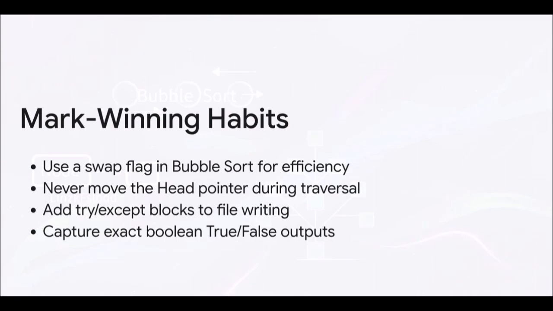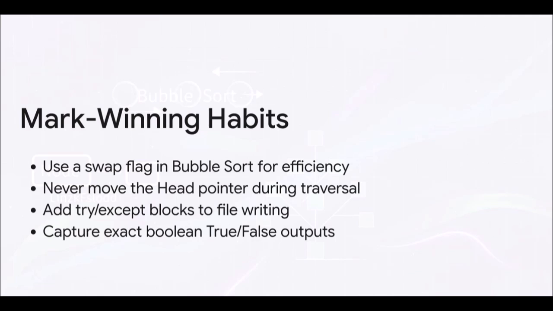All right, let's hit some rapid-fire mark-winning habits that come straight from the examiner notes. Minor syntax details really do capture major points here. In your bubble sort, always include a swap flag. If you complete a full pass with absolutely no swaps, break the loop early for efficiency. That is literally a free mark. In your linked list, never ever move the head pointer during traversal.